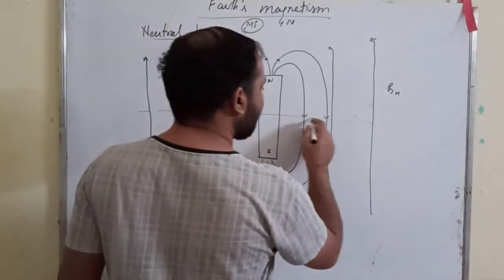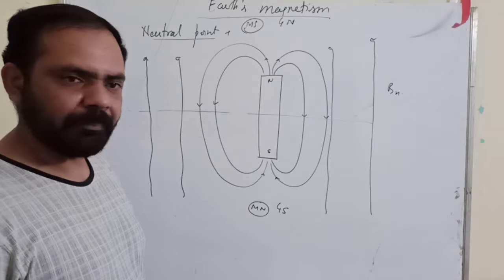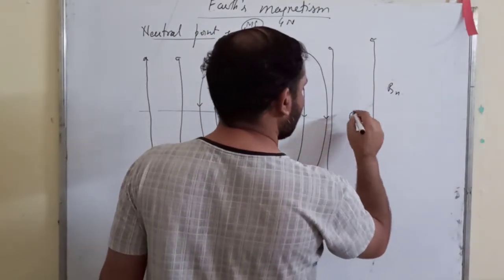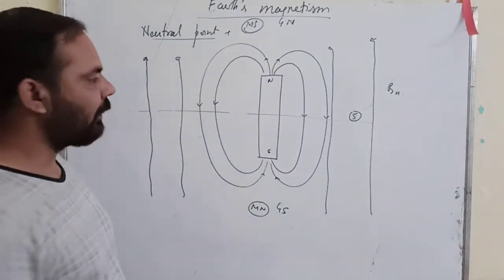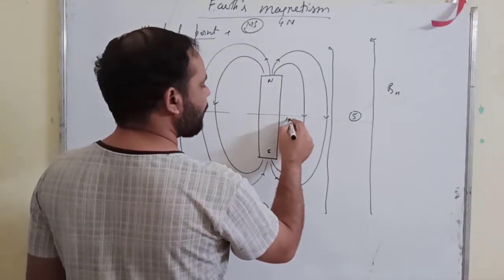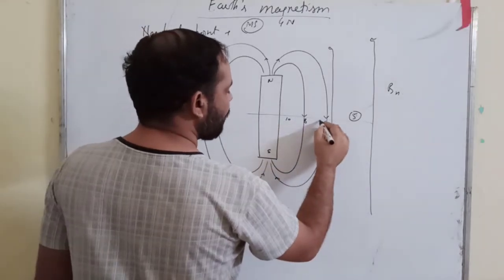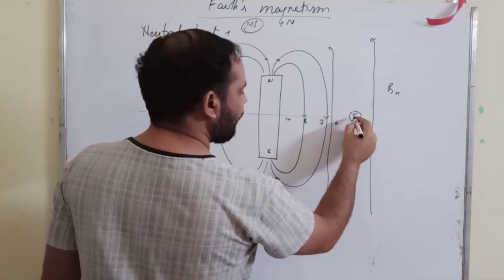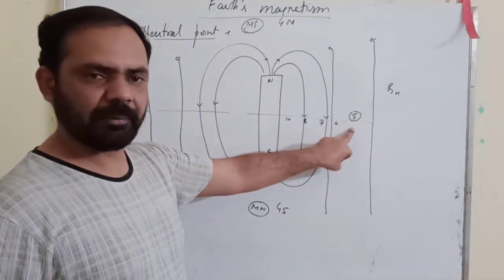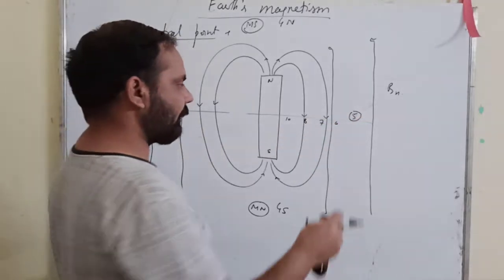As you move away from the bar magnet, the strength of the magnetic field will go on decreasing. Suppose BH has a value of 5 here. The magnetic field of the bar magnet here will be, suppose, 10, then it will decrease to 8, then 7, then 6, and there will be some point where you will get exactly 5 on the equatorial line.